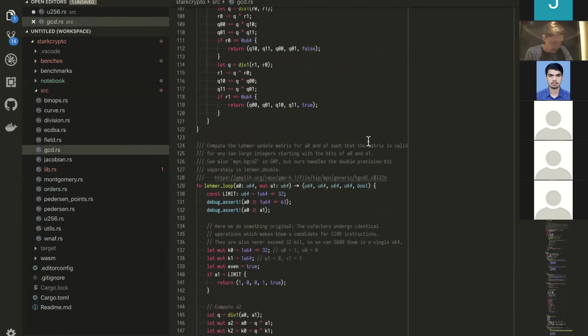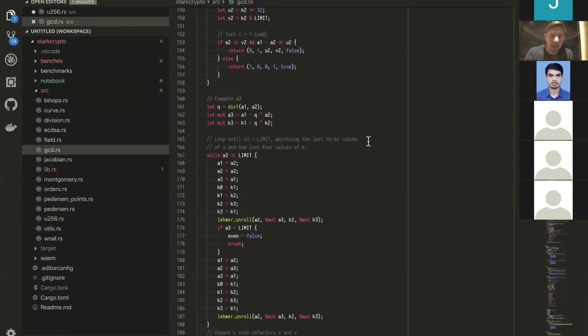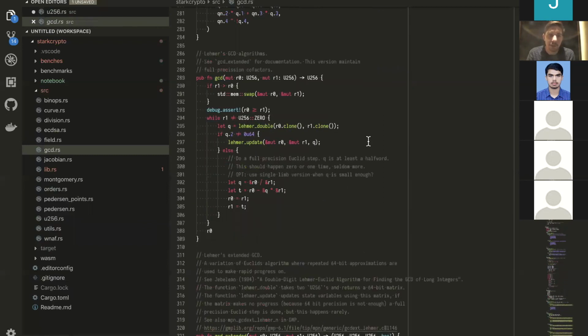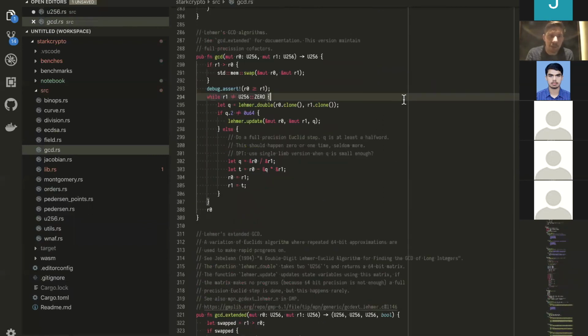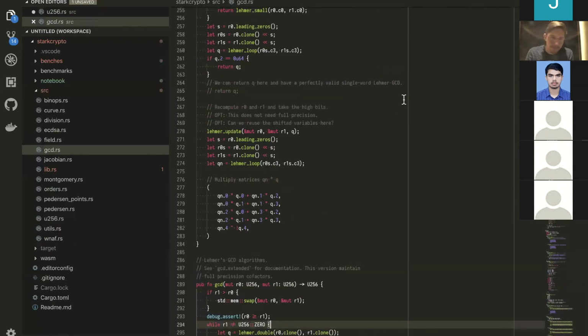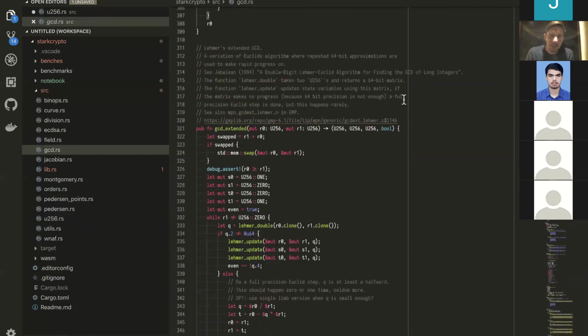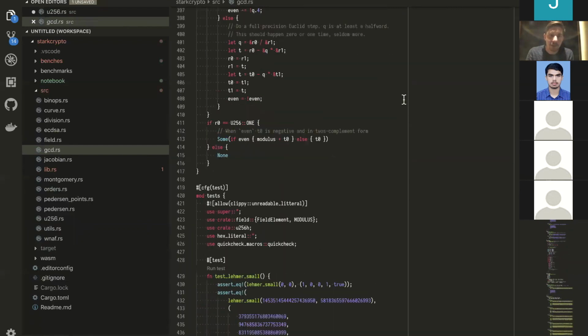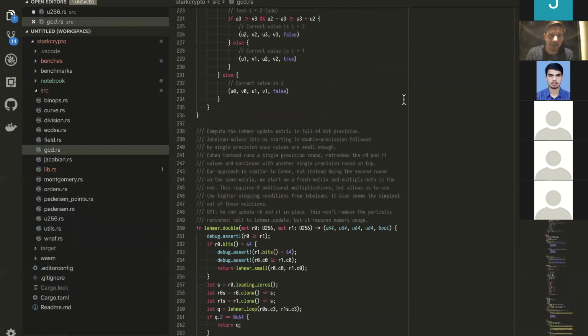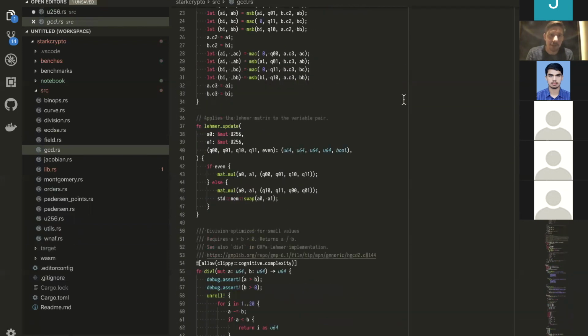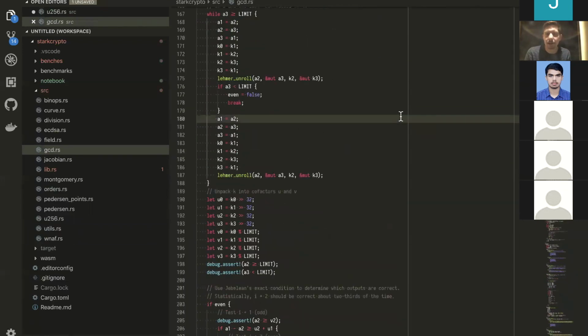Let's see, how are we on time? Oh, okay. I haven't even gotten to the prime field implementation yet, and we're almost out of time. Yeah, I'm not going to go through this method. It is really large and more complicated even than the division one, but it is exceptionally fast.